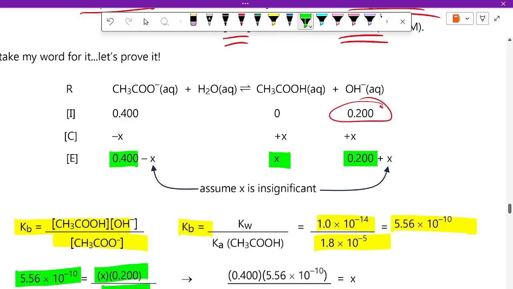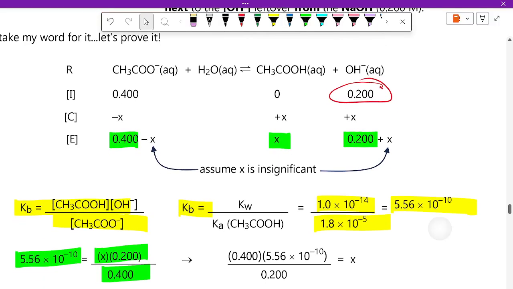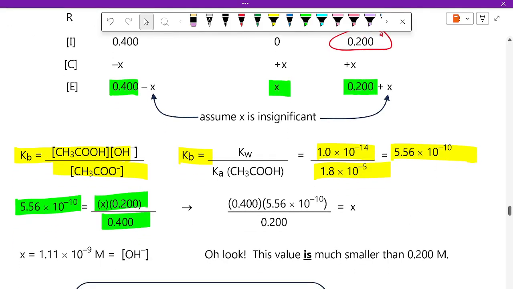We end up with 0.4 times 5.6 times 10 to the negative 10. We end up with hydroxide ion concentration from that hydrolysis equal to 1.1 times 10 to the negative 9.